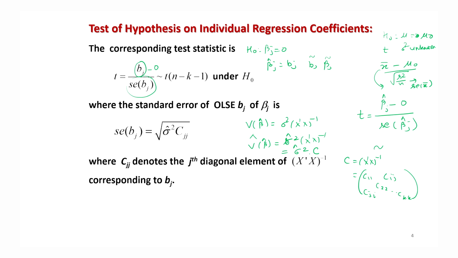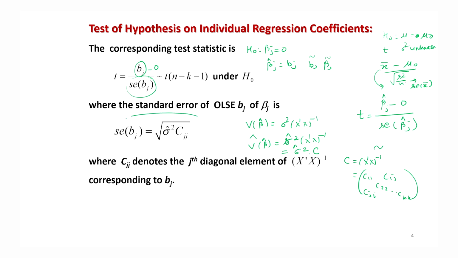We know that in the covariance matrix the jth diagonal element gives the variance of the jth regression coefficient. So, the standard error of bj can be obtained from the jth diagonal element of C with sigma square hat, by taking the positive square root.